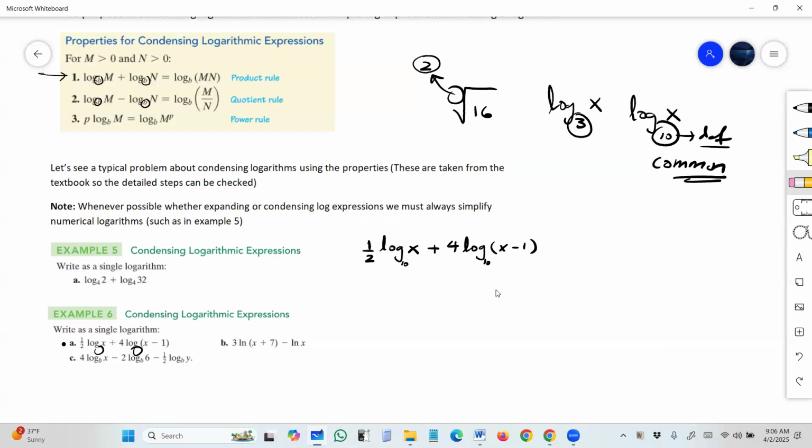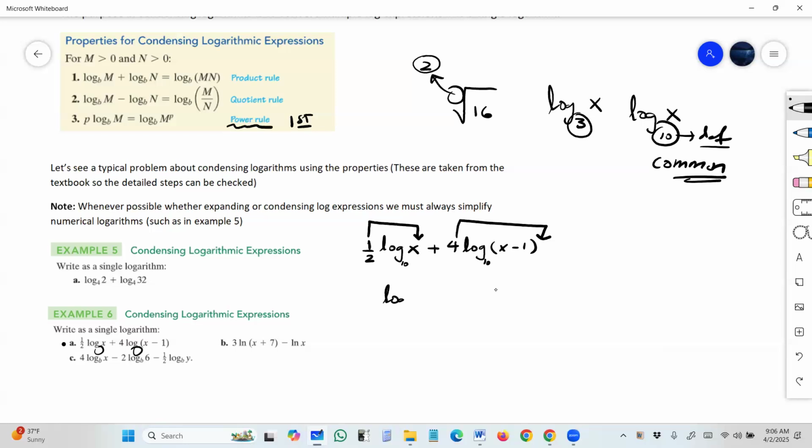Okay, so this is one important fact. Another important fact is that when we were expanding logs, I told you that the power rule is always last. When we are condensing logs, it's exactly the opposite. So the power rule when we're condensing is first. So this number has to come right here first. This number has to come right there first.